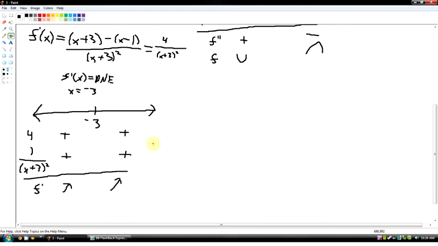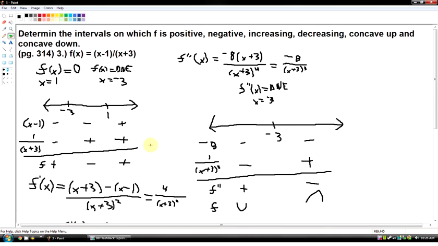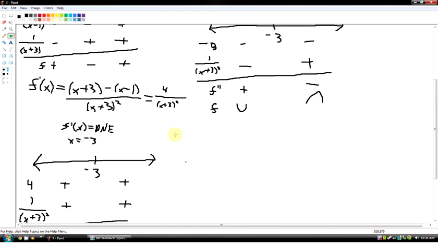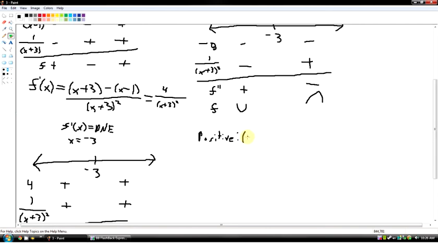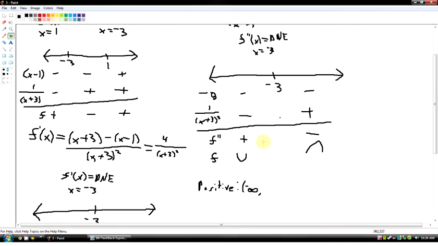So now we have our information and can state our intervals. Our function is positive on the intervals negative infinity to negative 3, and on 1 to infinity.